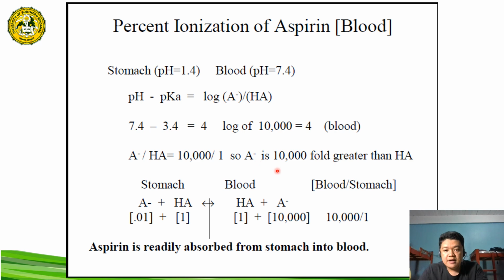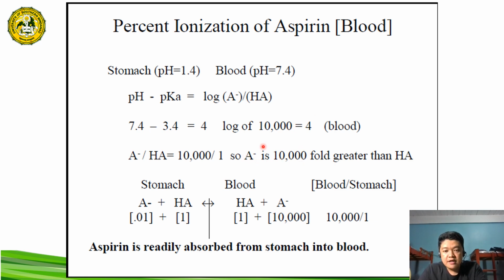In the blood, with a pH of 7.4, aspirin is predominantly in its ionized form. There are about 10,000-fold greater ionized form of aspirin in the blood compared to its unionized form.